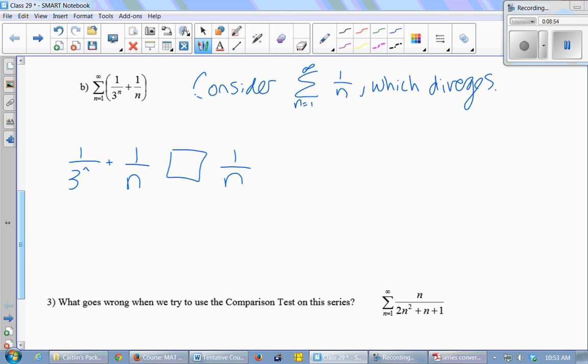Bigger, because they have this 1/n in common, and then I'm adding something to 1/n. And this amount that I'm adding is some positive amount, right? It might be small, but it's some small positive amount, which means that the left side of this statement is bigger. So this is bigger than 1/n. And if the sum of 1/n is infinite, this sum would have to be bigger than it, which means that this sum diverges.